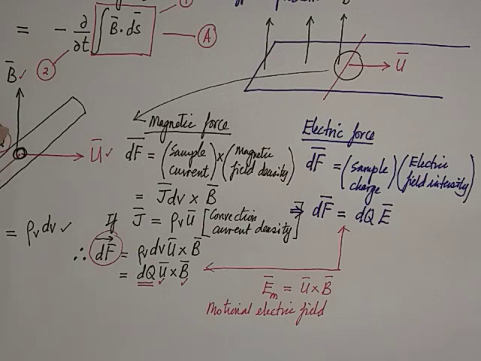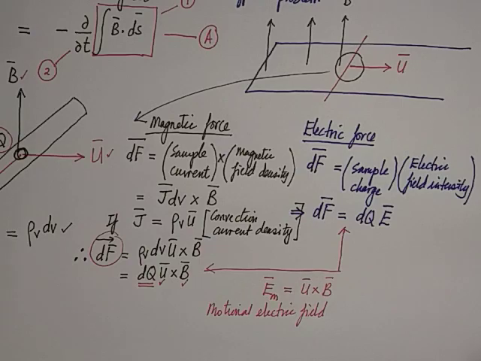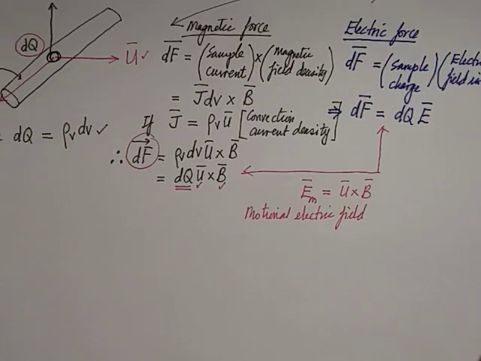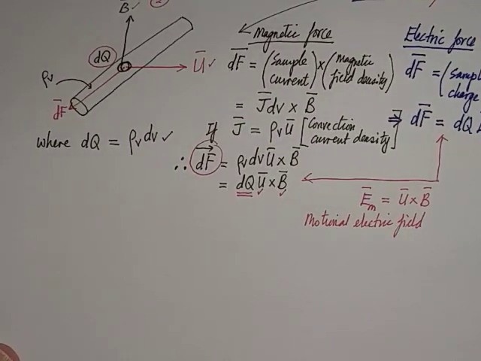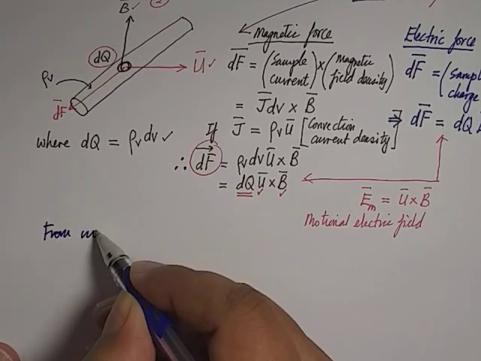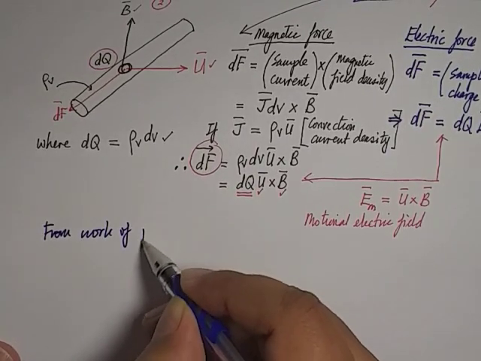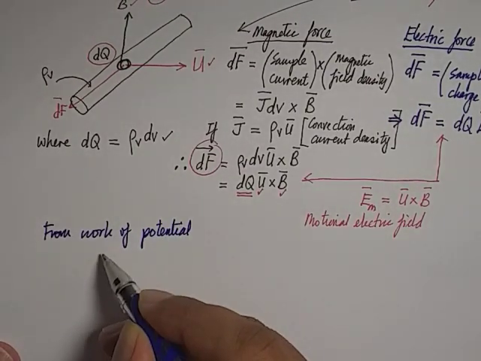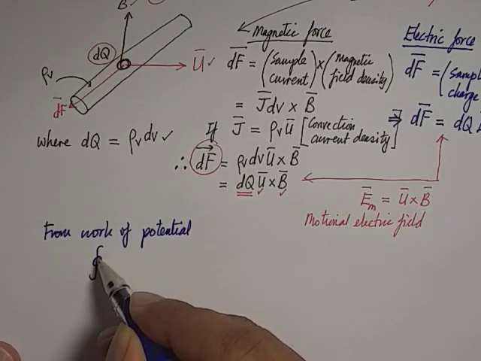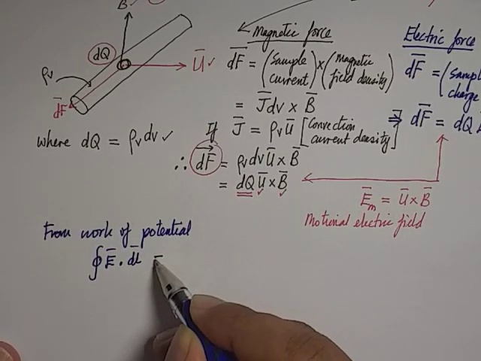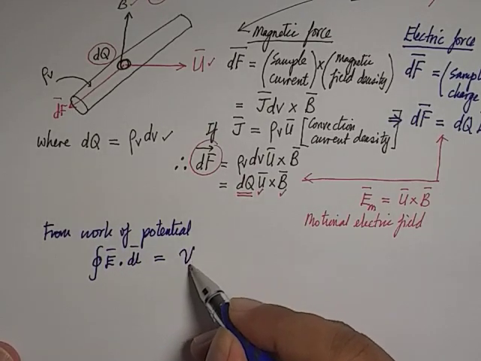Okay, so now let's recall when we talked about potential before. From the work of potential, remember when we talk about potential in an electrostatic field, we are saying the integral of E dot dl is now no more equal to 0, it is equal to V EMF.